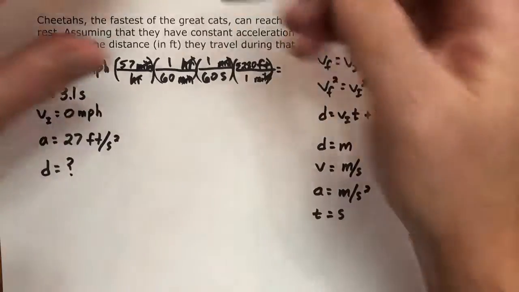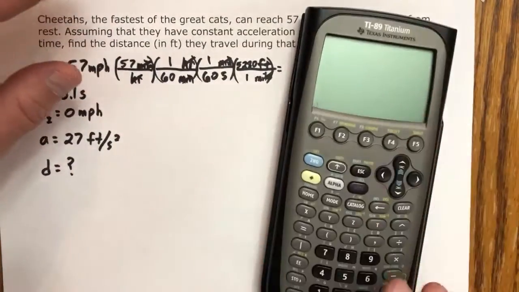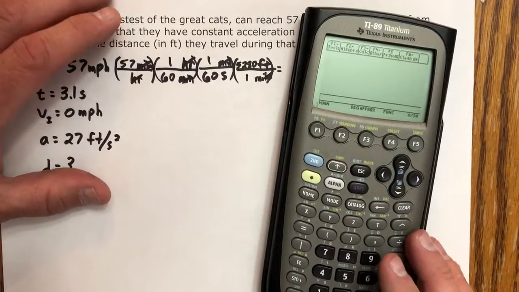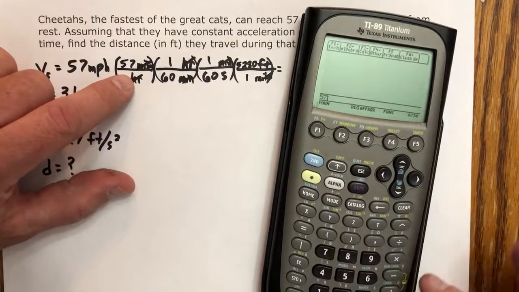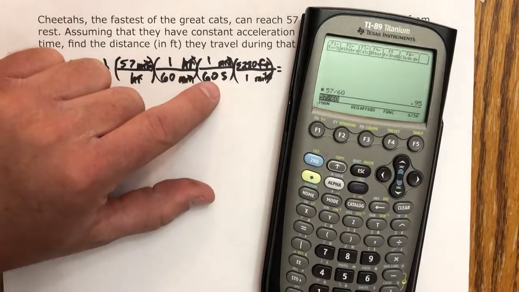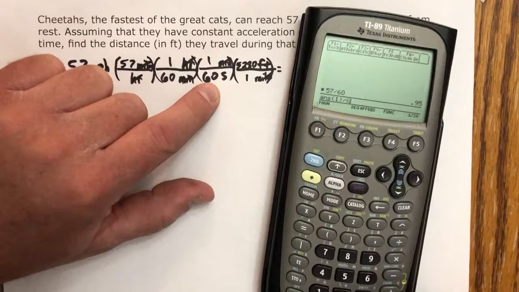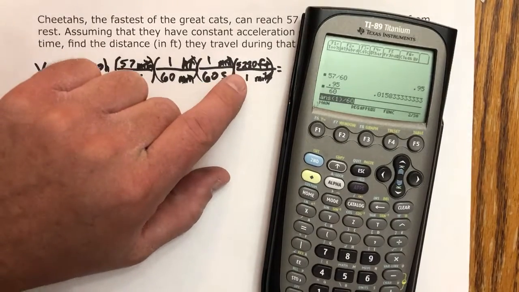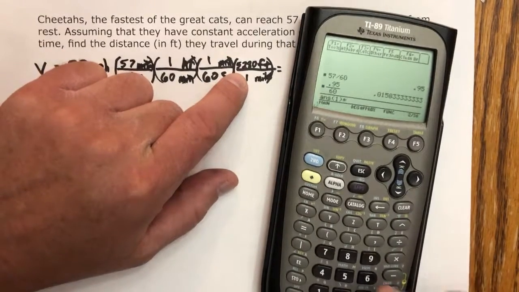So now we get our calculator and we do some math. What we're going to do is we're going to do 57 divided by 60, and we hit equals. And then we divide that, so divided by 60 again. And then we multiply that, so multiply 5,280 equals.